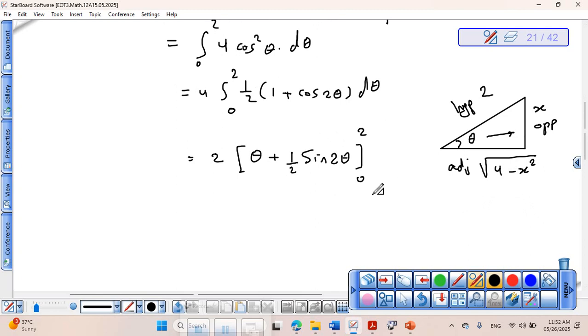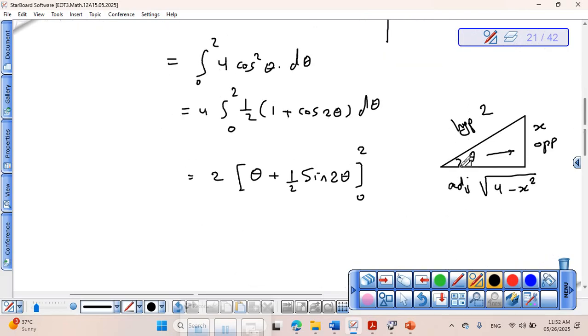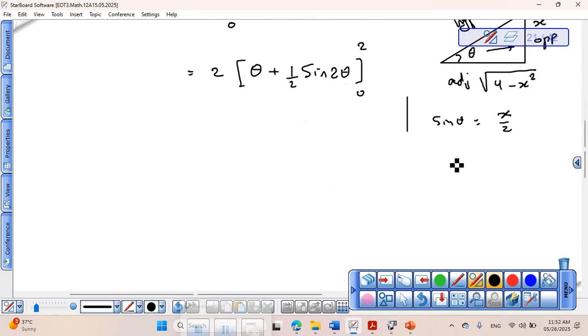Everything is ready now. We can write sine theta equals x over 2, then theta equals sine inverse of x over 2.